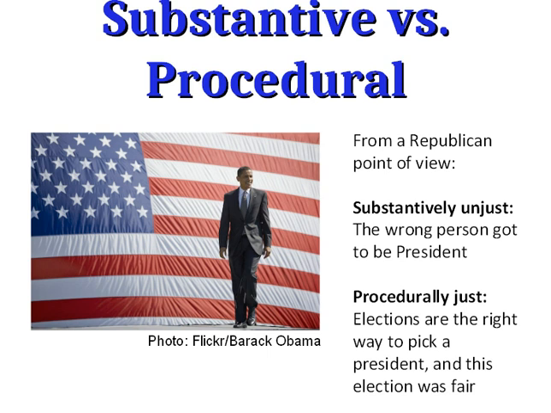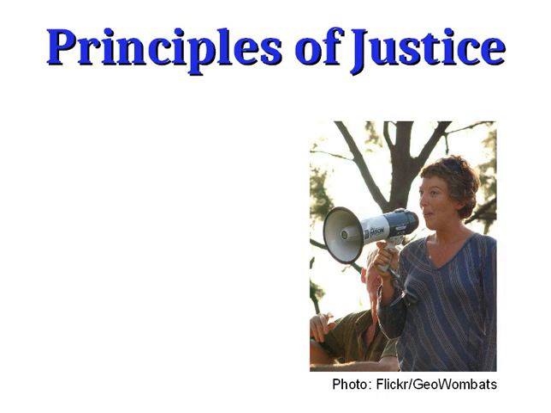Now, what is it that makes something substantively or procedurally just? Well, to determine that, we turn to various principles of justice. These are broad-scale explanations of what makes something just or unjust. And I'm going to use as a running example this woman who was a speaker at a climate change rally, and I'm just going to put words in her mouth to illustrate some of the common principles of justice that you may hear.